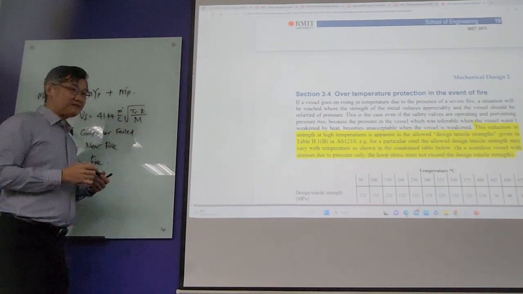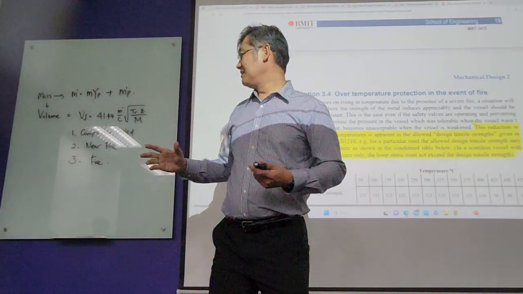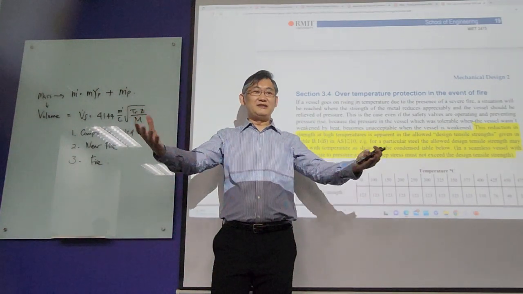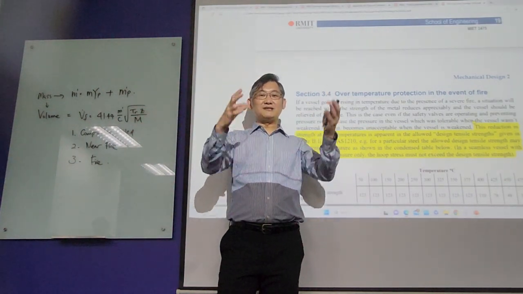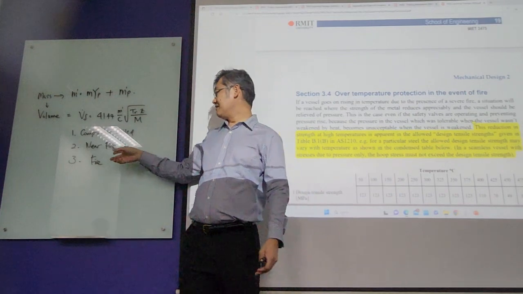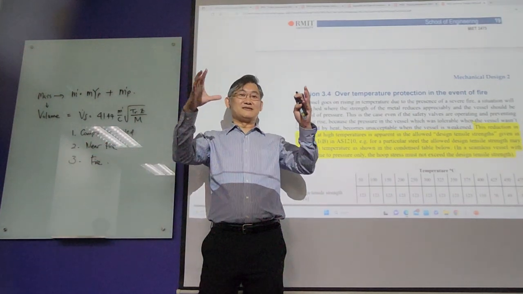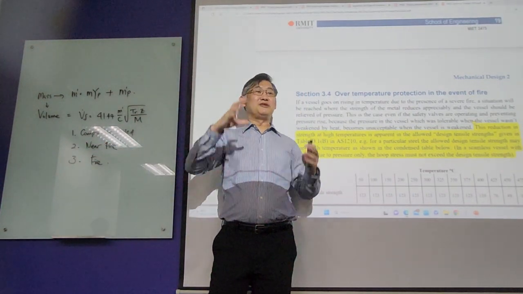So if it is fire, what happens? If, as just now, it is near the fire, we are scared because of the fire nearby; it causes the temperature to increase, and the pressure to increase. Now the third scenario will be fire. What will happen to your air receiver?